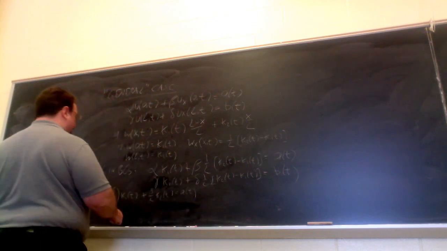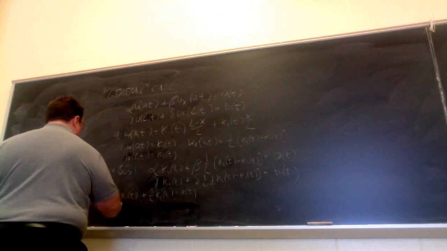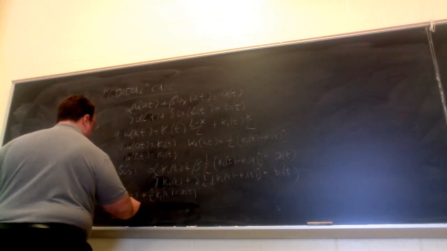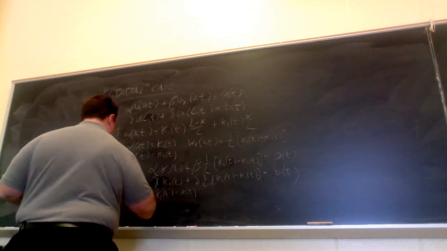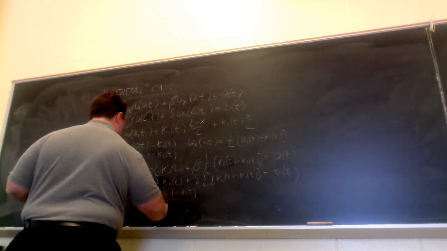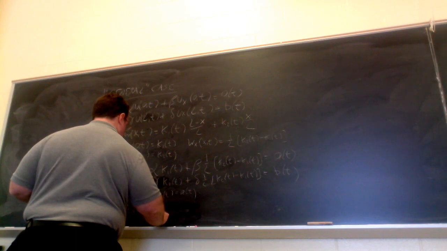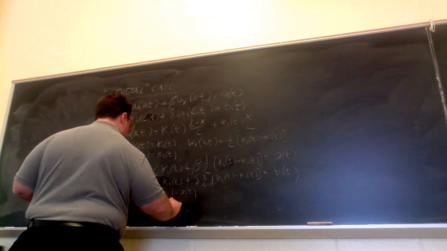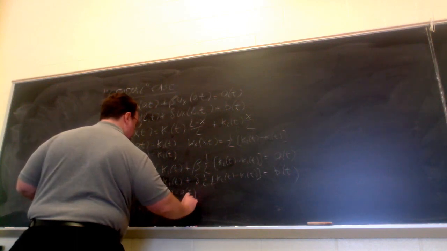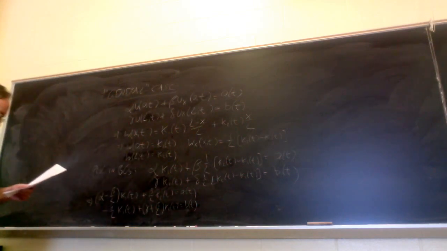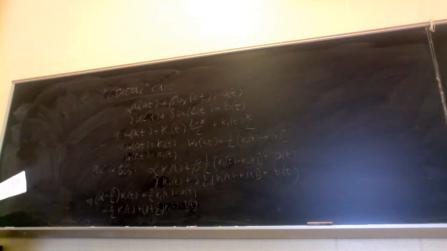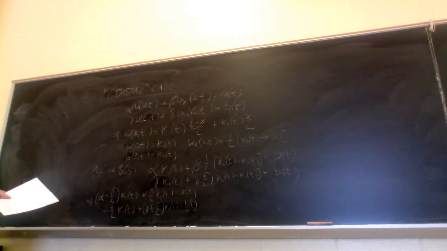And then down below I'm going to have minus delta over L, k1, plus gamma plus delta over L, k2, is equal to b of t.